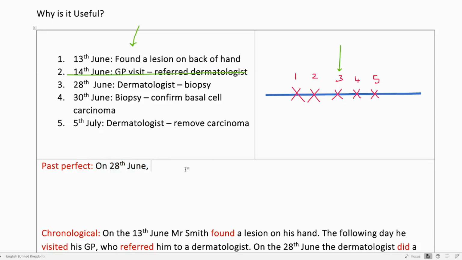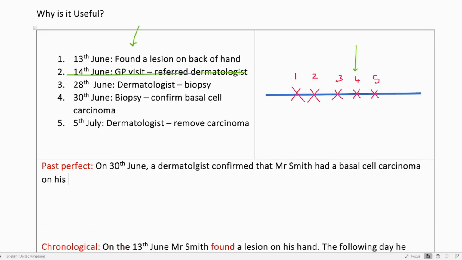Okay, on the 20th of June, a dermatologist, actually no, on the 30th of June, let's put, on the 30th of June, sorry, we'll start on the 4th instead, because, on number 4 instead, because I think we'll start with the removal, with the confirmation. On the 30th of June, a dermatologist confirmed that Mr. Smith had a basal cell carcinoma on the back of his hand.